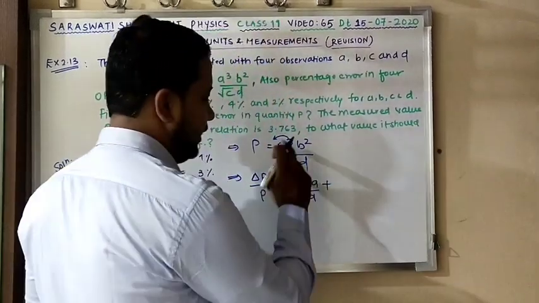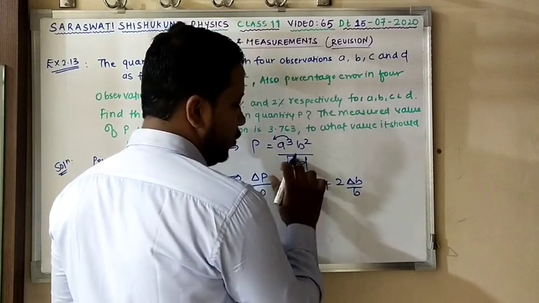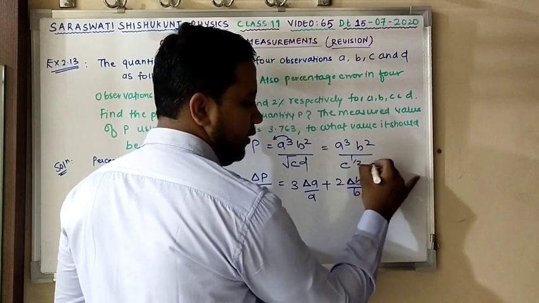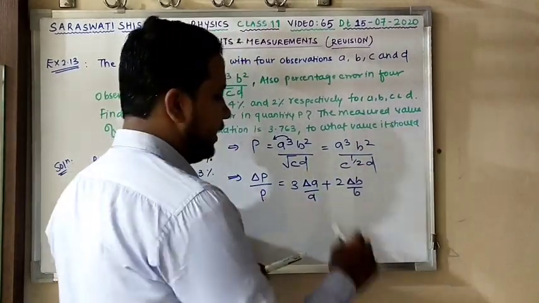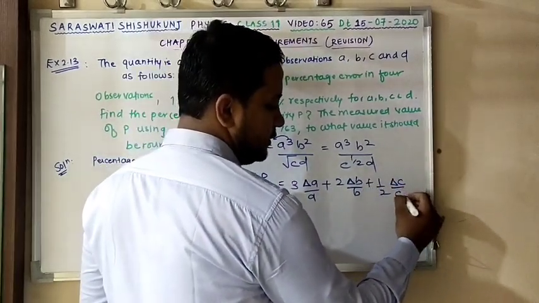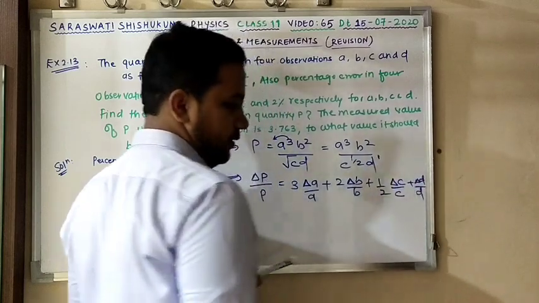So you can write 3 delta A by A plus 2 delta B by B. Instead of root I can write 1 by 2. Very good. So I get 1 by 2 delta C by C, and last is delta D by D, because the power is 1 over here.